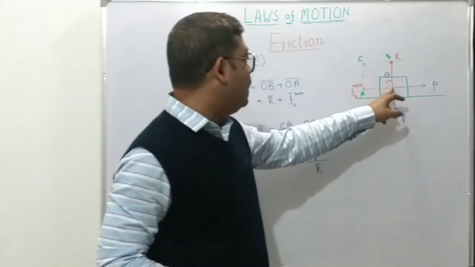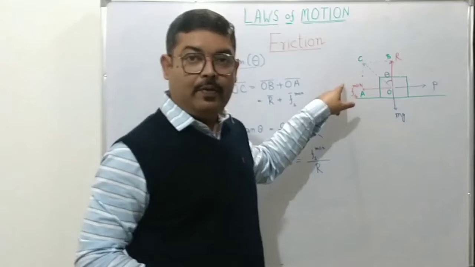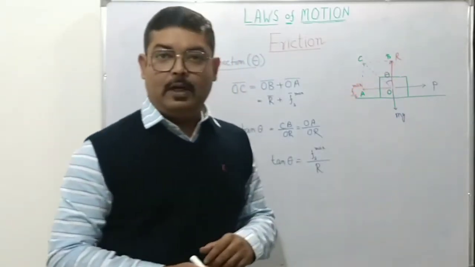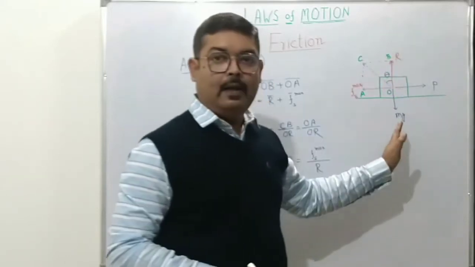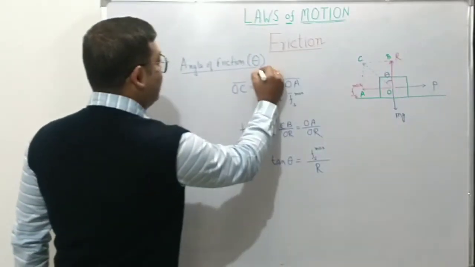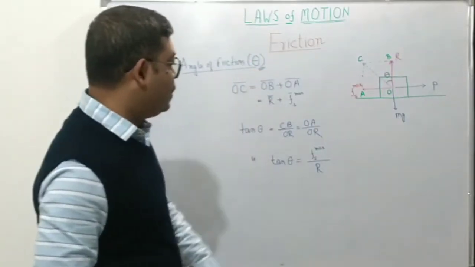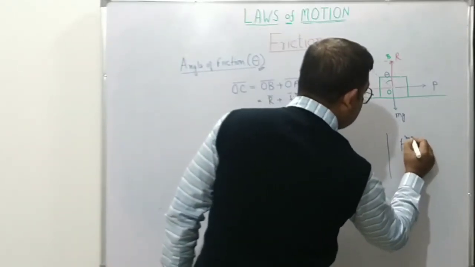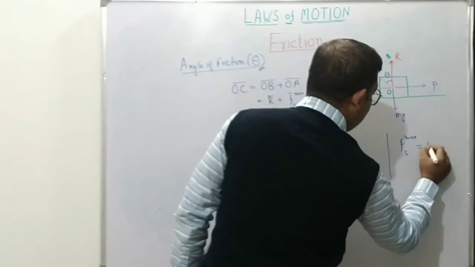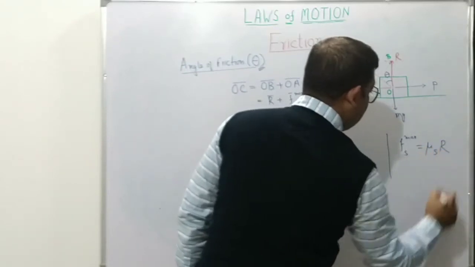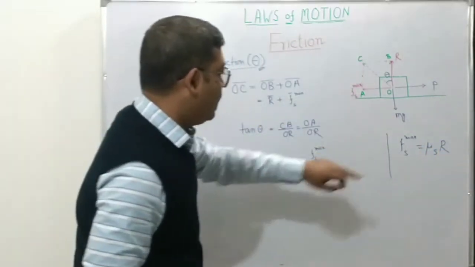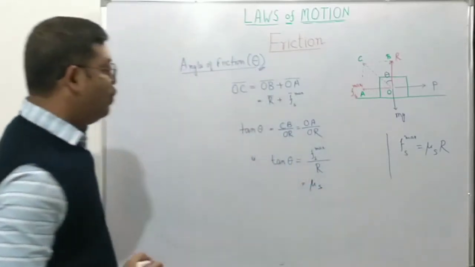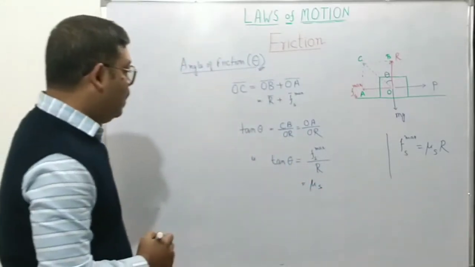This angle theta, the angle made by the resultant of the force of limiting friction and the normal reaction with the normal reaction, that is with the vertical, is known as the angle of friction. And if you remember, we found that Fs max was equal to mu s into R, which gives us Fs max by R equal to mu s, the coefficient of static friction.